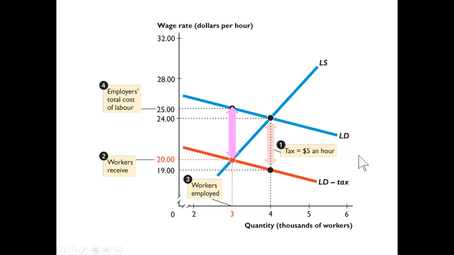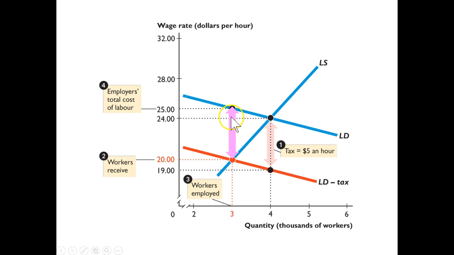We can see from here, when we look at this tax that's imposed, how much of that tax is paid by the employers. The original equilibrium was $24. Now the employers have to pay $25 per worker. So that's $1 per unit paid by the employers.